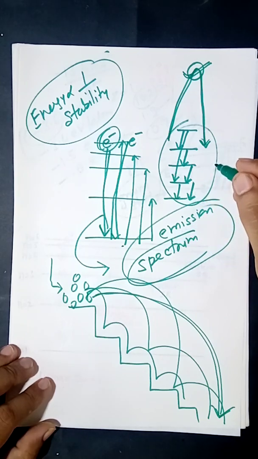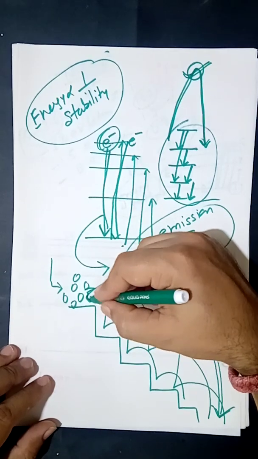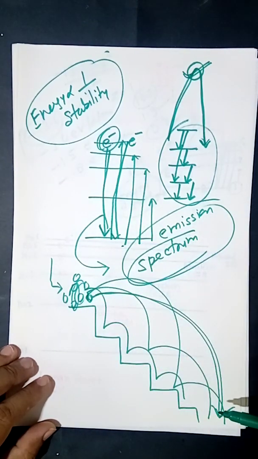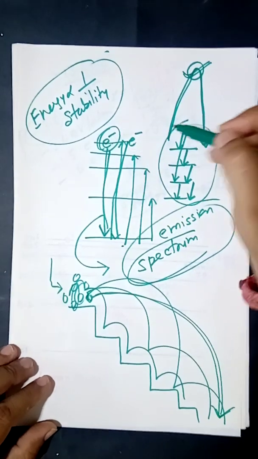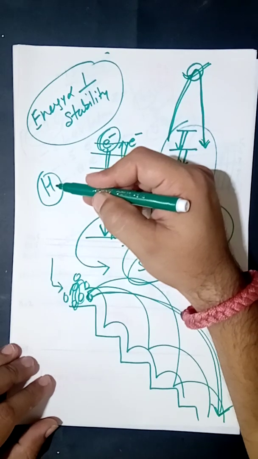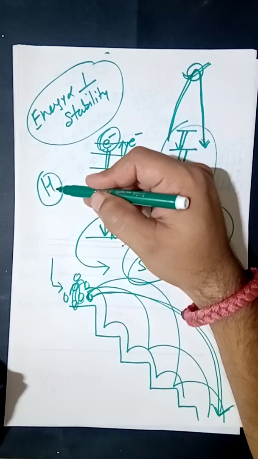One more point to remember: hydrogen has only a single electron. So if there is only one ball, it should have only one type of path. But here is a problem: you cannot take the spectrum of a single hydrogen atom. A single hydrogen atom cannot be seen or taken for an experiment.